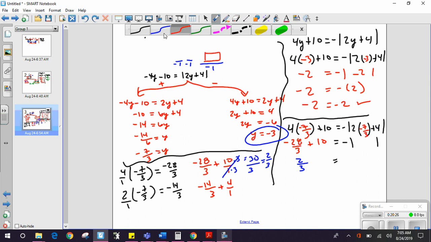So again, I need to have a denominator of 3. So I multiply top and bottom by 3 to get that. So I would have 12 thirds. So now it's negative 14 plus 12, which is a negative 2 thirds. So that's what's left inside our absolute value.